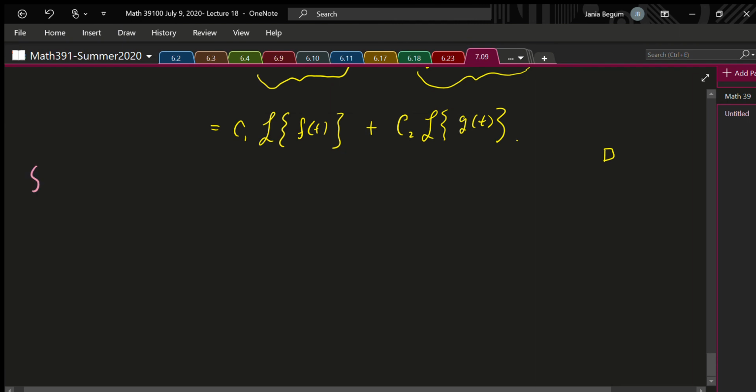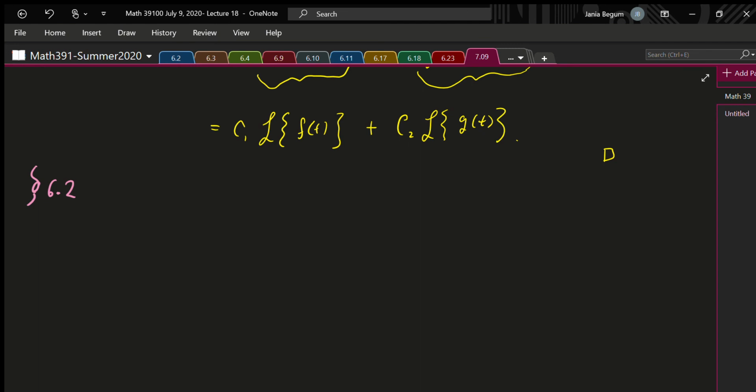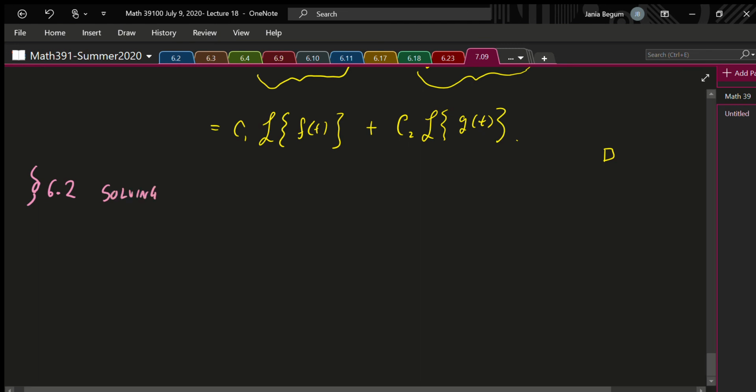So in 6.2, we're going to study solving initial value problems using the Laplace transform.